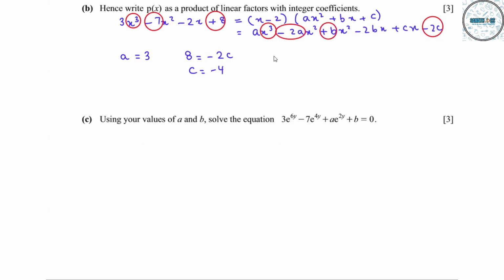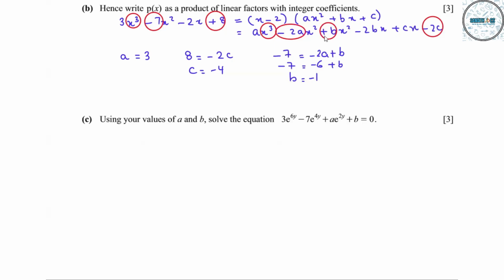So we can write -7 is equal to -2a plus b. When we substitute the value of a as 3 here, this will be -6 plus b. So b is equal to -7 plus 6, which is -1.